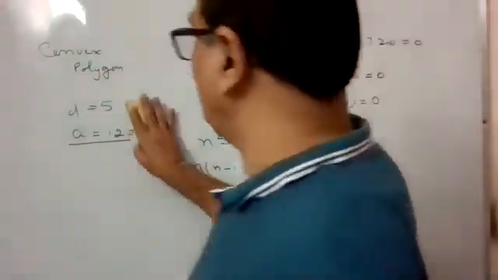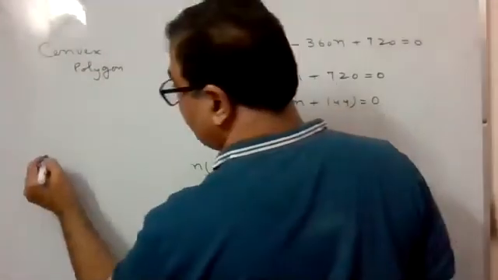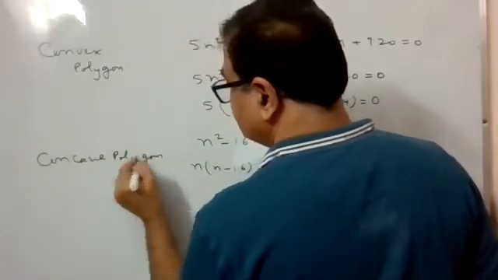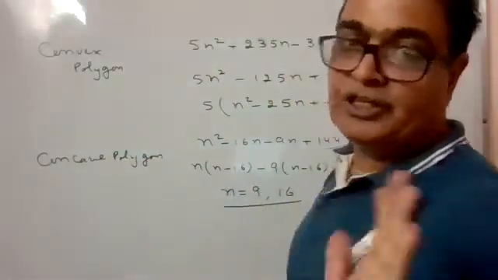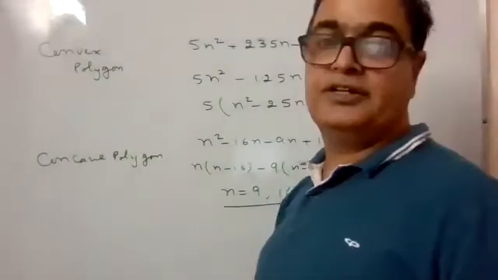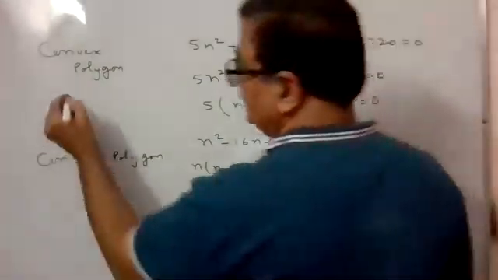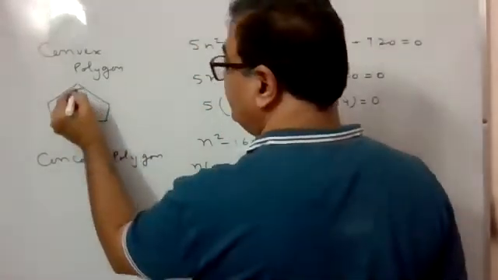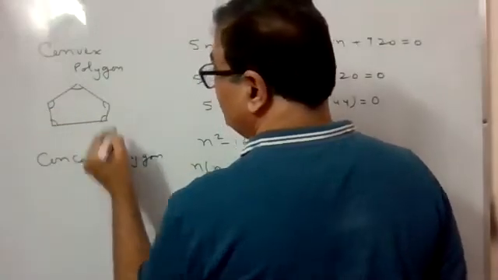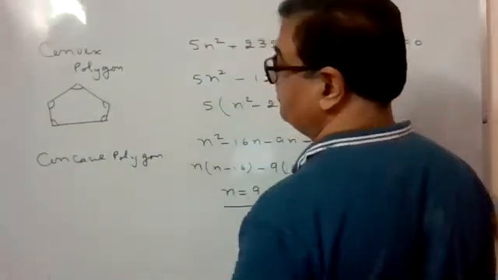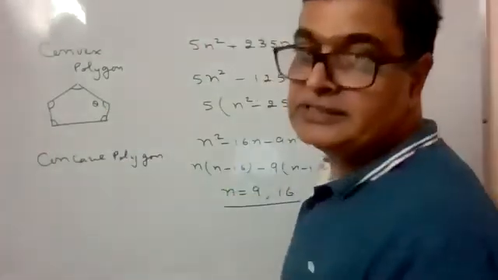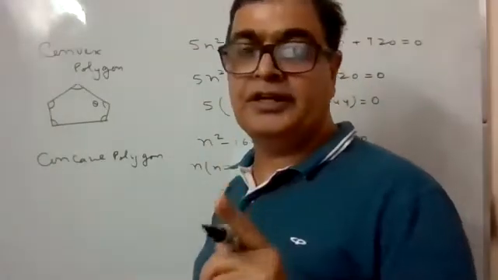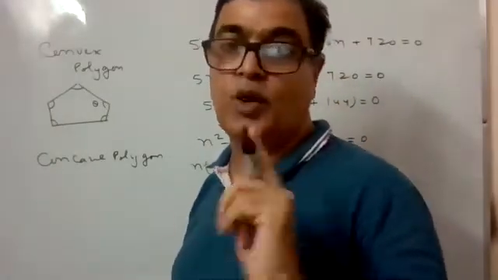There are two types of polygons: convex and concave. In a concave polygon, the sum of interior angles formula is not applicable, but for a convex polygon it is. In a convex polygon, all the interior angles should be less than 180.